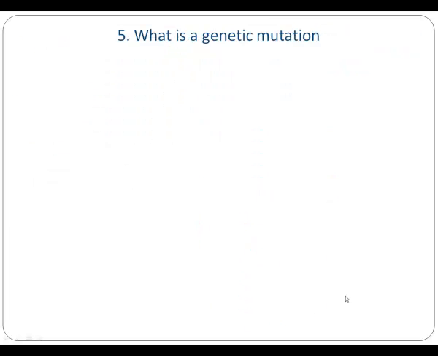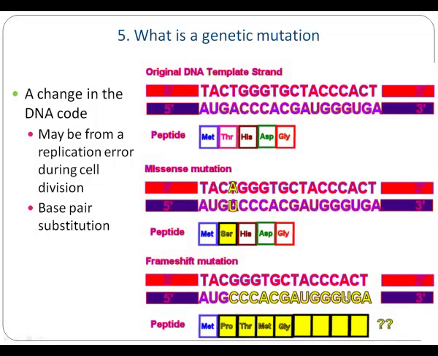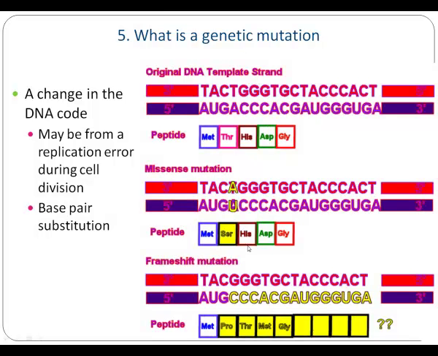What is a genetic mutation? It's a change in the DNA code. This could be from a replication error during cell division. It could be from a base pair substitution. So in this picture, the first code that we have is a TAC, which becomes for the mRNA AUG. That's MET.